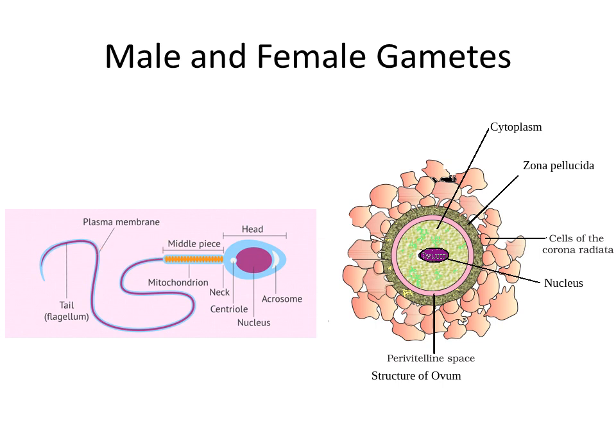Now this is the structure of the ovum. You can see here that the cells lying outside the ovum are the cells of corona radiata.